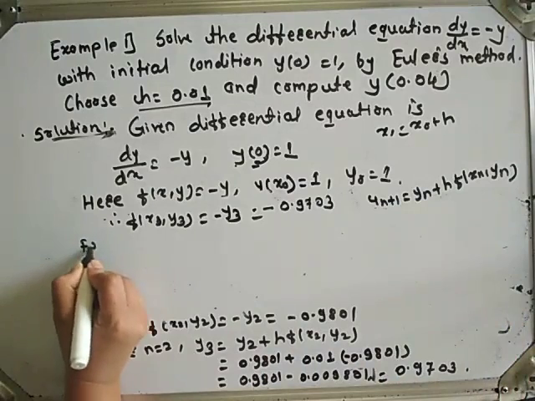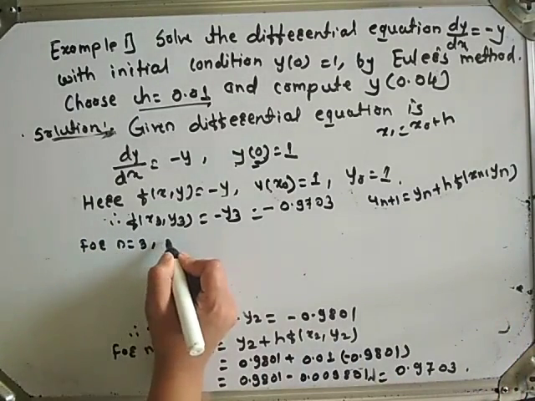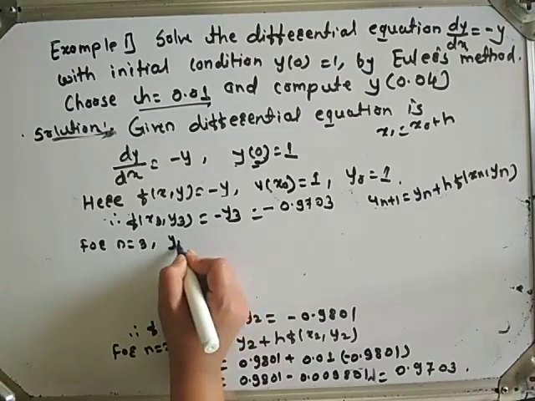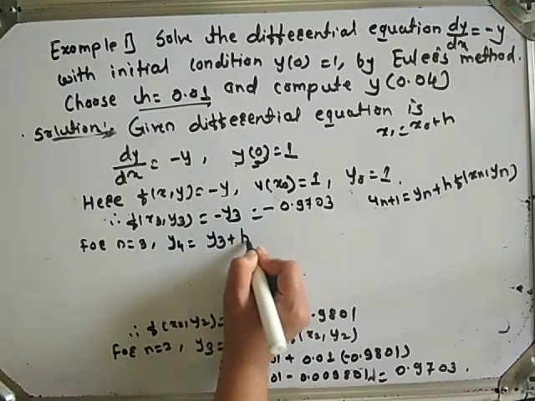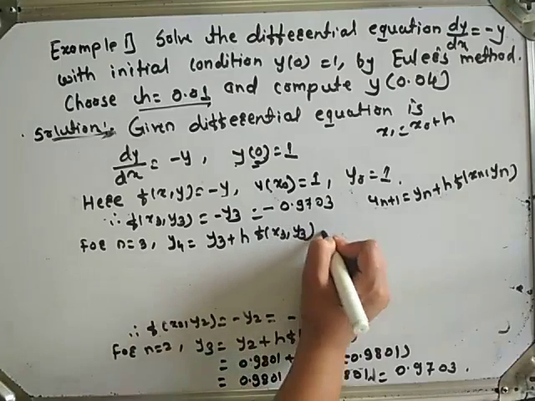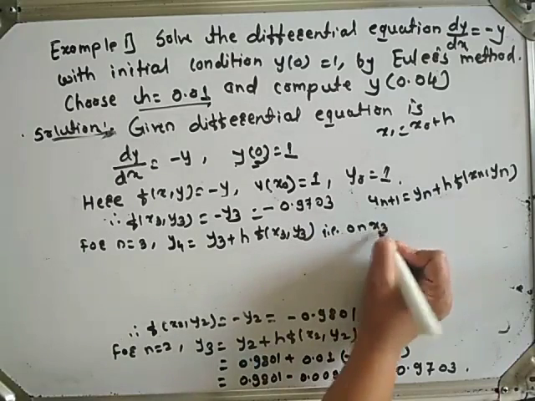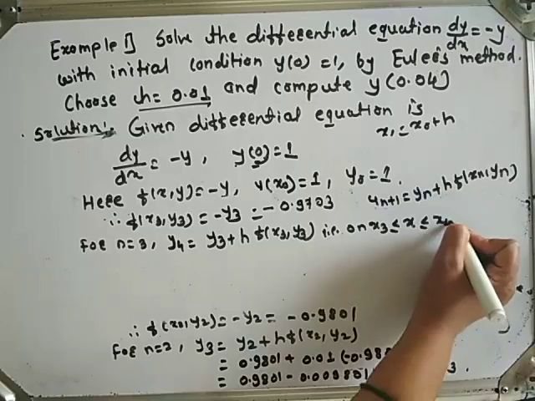So for n equals 3, the formula is y4 equals y3 plus h into f of x3 comma y3, on x3 less than or equal to x less than or equal to x4.